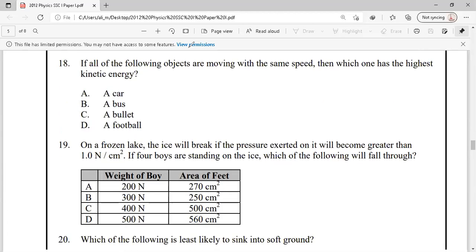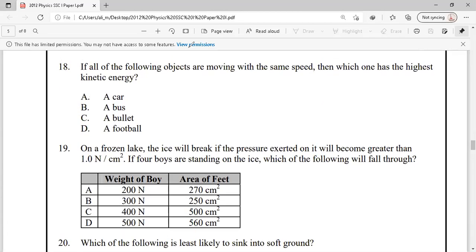Then we have question number 18 and 19. All of the following objects are moving with the same speed, and which of the following has the highest kinetic energy? As we used in the previous question, kinetic energy equals m v square over 2. If the velocities are the same, kinetic energy is directly proportional to the mass of that body, and kinetic energy is directly proportional to the square of the velocity.